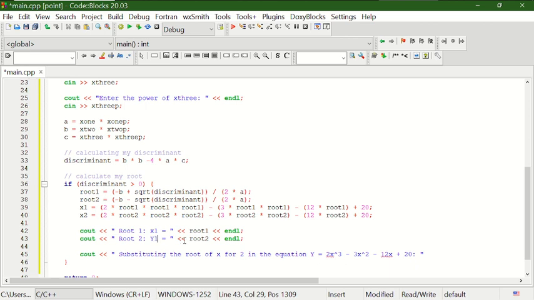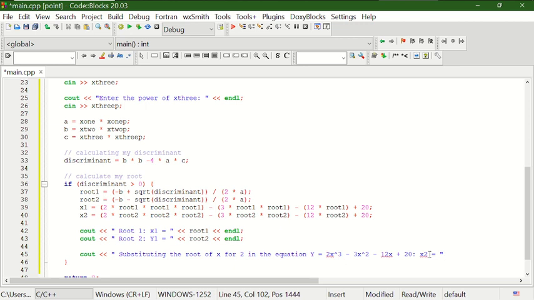Then this is x2, y2. So the second point will be x2, y2. Root 1 should be equal to x1. Root 2 should be equal to y1.